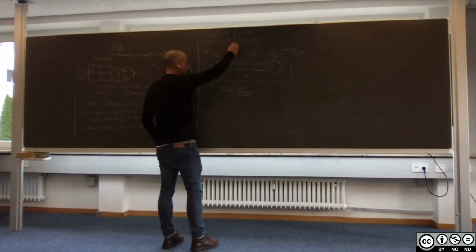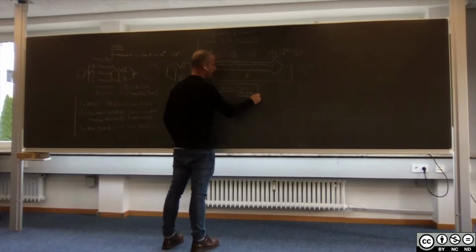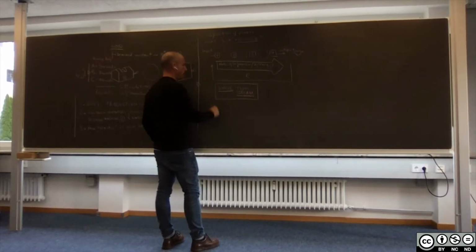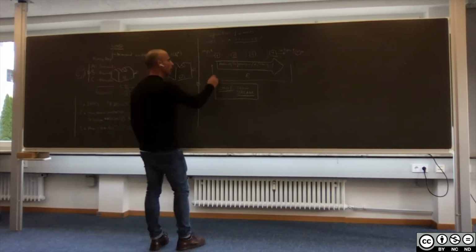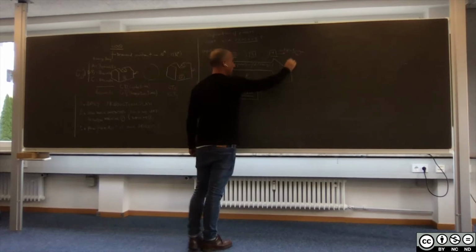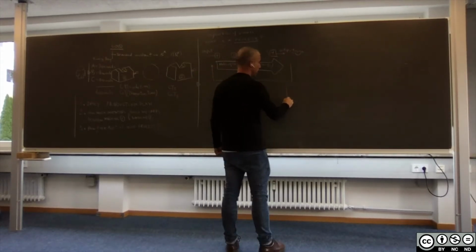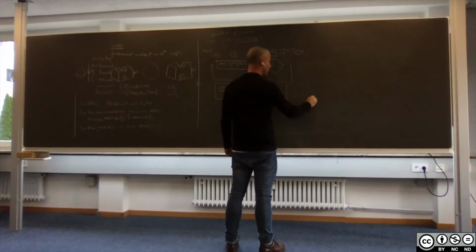So a process is a value stream, a value flow. And what do we create with this process? We create something of value for our customer. The customer changes its demand with time.